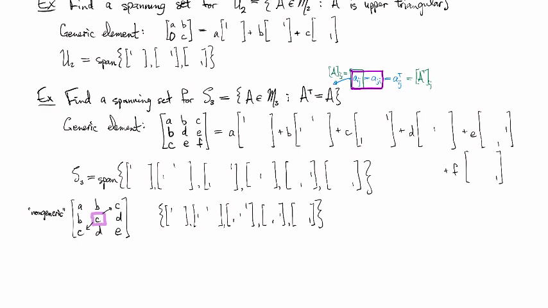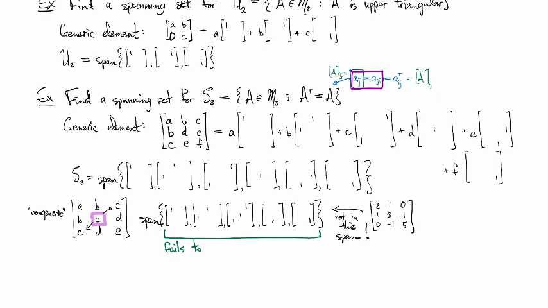The key point is that if I have some symmetric matrix like 2, 1, 1, 0, 3, 0, negative 1, negative 1, 5, this is a 3x3 symmetric matrix, but it is not in this span. So this right here fails to be a spanning set, or fails to span S3. It's not good enough.